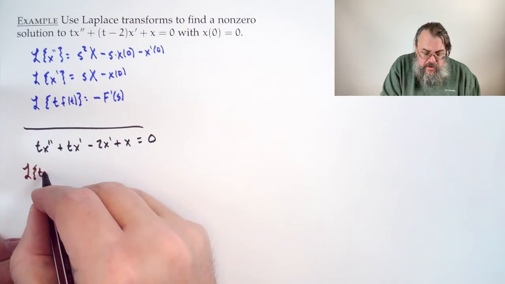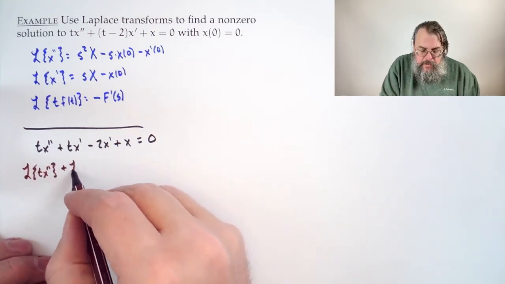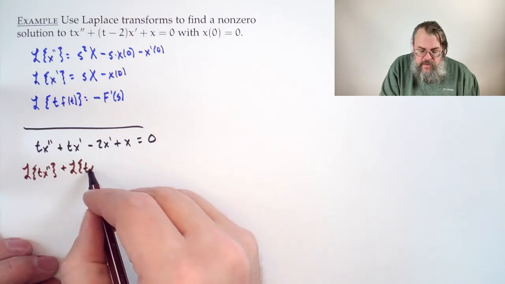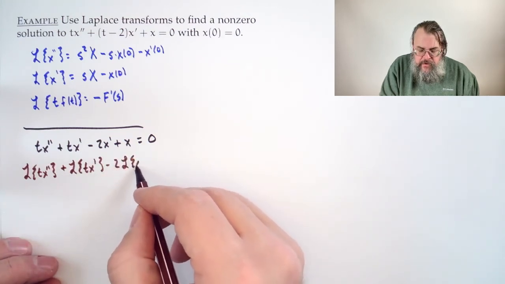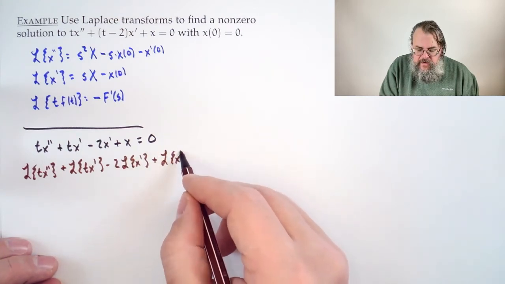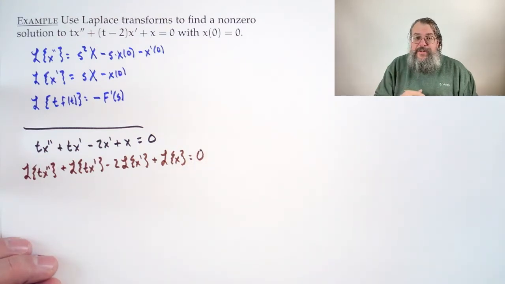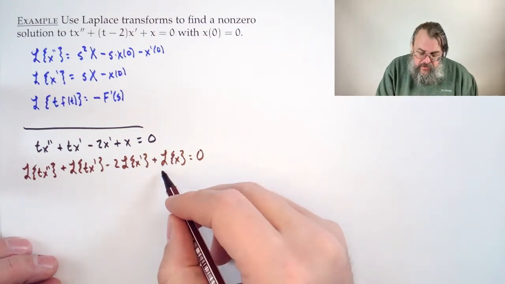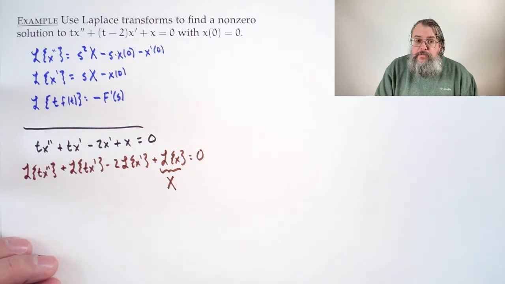So Laplace transform of t x double prime plus Laplace transform of t x prime minus 2 Laplace transform of x prime plus the Laplace transform of x equals 0. The Laplace transform of 0 is 0. Now, some of these things are pretty quick. For instance, the Laplace transform of x is capital X, no problem.